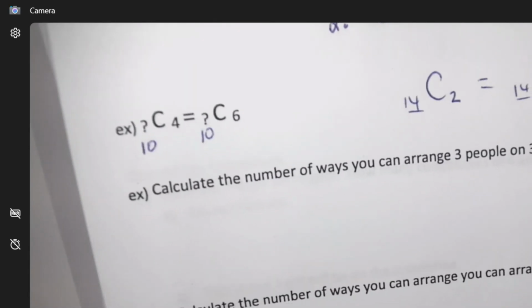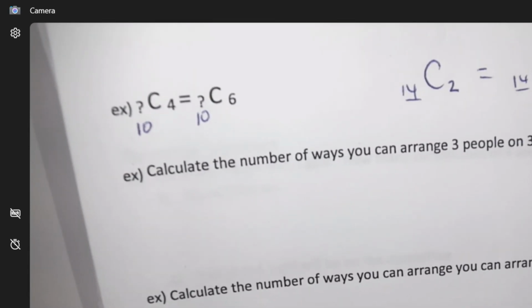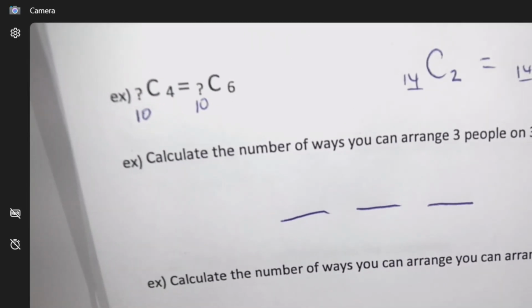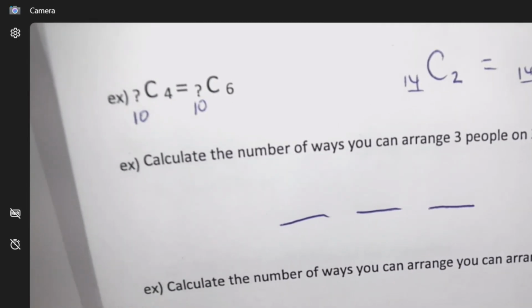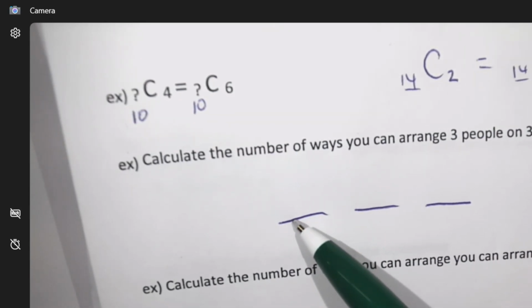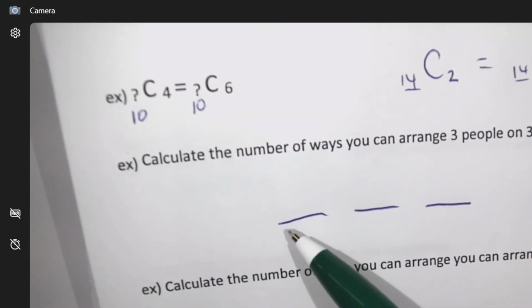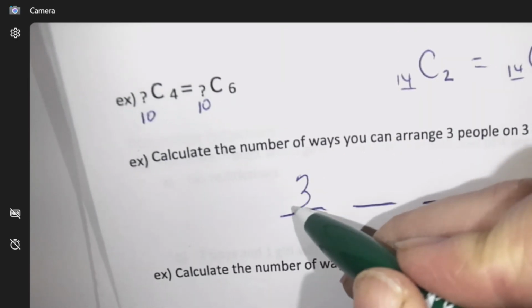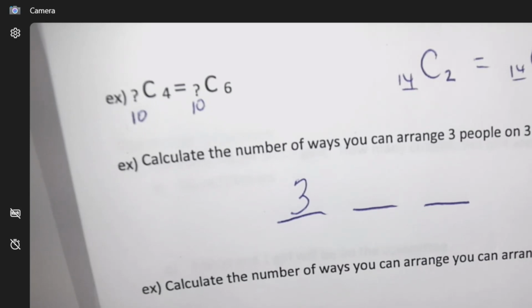Okay, calculate the number of ways you can arrange 3 people on 3 chairs. I'm going to show you 2 different ways to do this. So there's my chairs. I'm going to put somebody on my first chair. How many options of people would I be able to put on my first chair? I have 3 options for people.